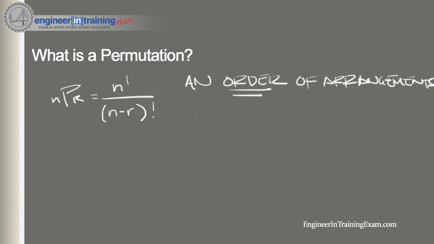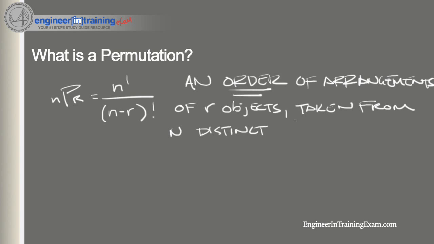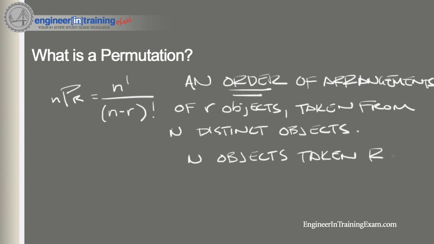An order of arrangements of r objects selected or taken from n distinct objects is called a permutation of n objects taken r at a time.